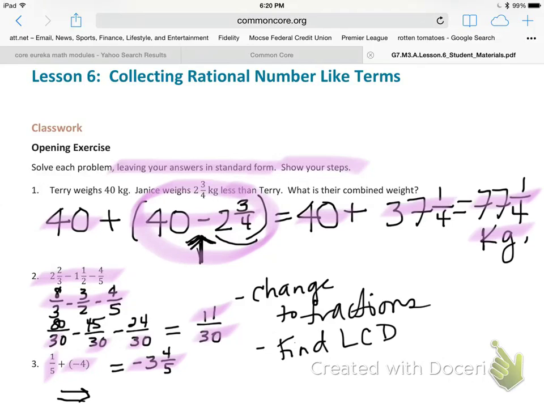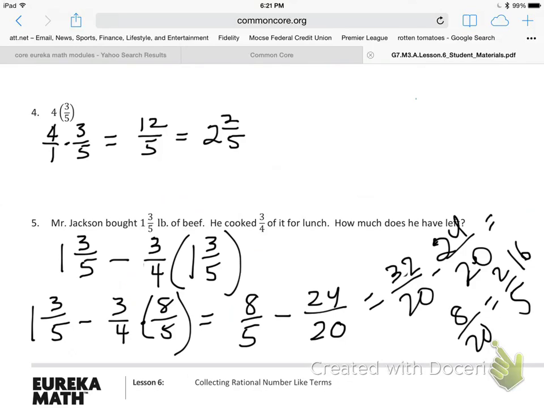Now you have -3 4/5. All right, number 4. This is a product here, and that stands for 4 times 3/5. You can rewrite that this way: 4 over 1 times 3 over 5, and then you just multiply across. 12 over 5, 12/5, which simplifies down to 2 2/5.